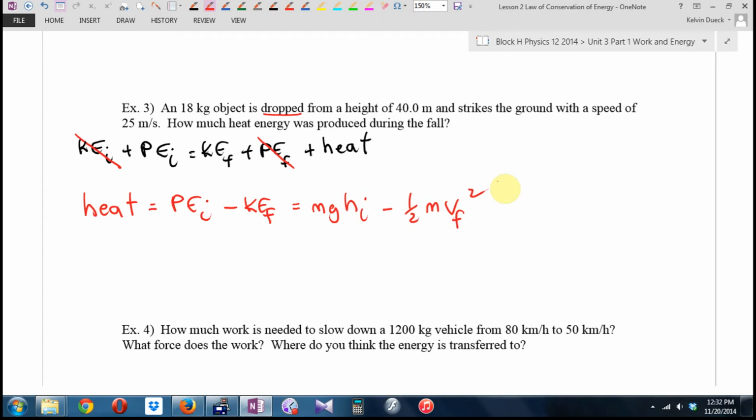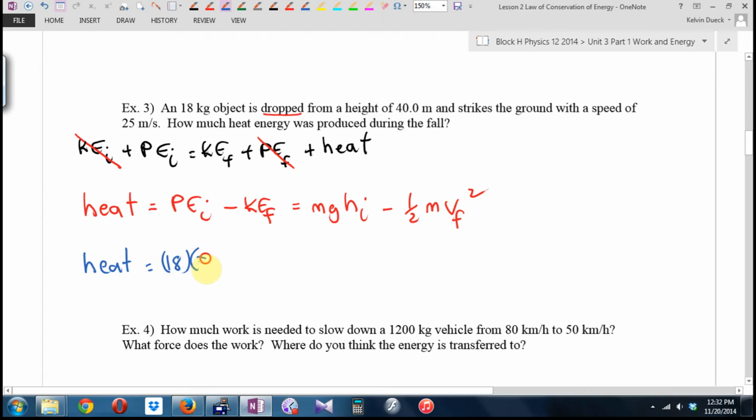So the heat is going to be M 18, G 9.8, H 40 minus 0.5, 18, 25 squared. Don't forget the squared.